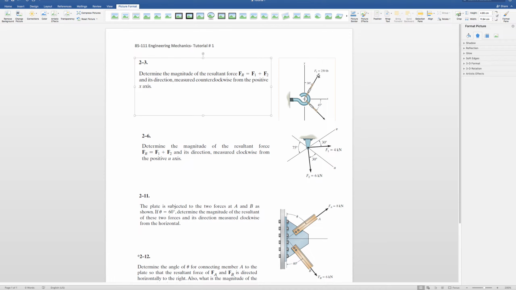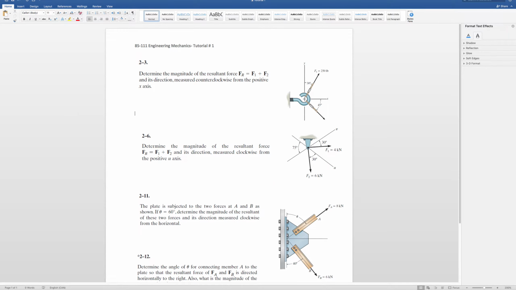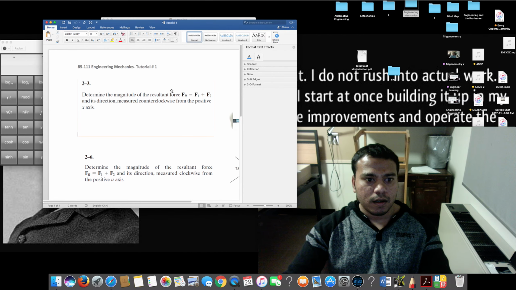So they have given the force, and this force is supposed to be there, because without knowing this one we can't calculate the resultant. Let's say this is 375. So direction, I'm going to draw this. Let's draw this one.